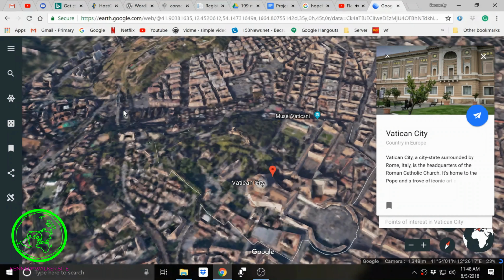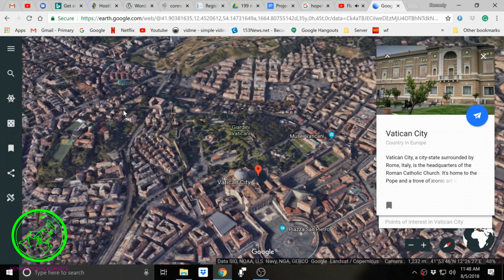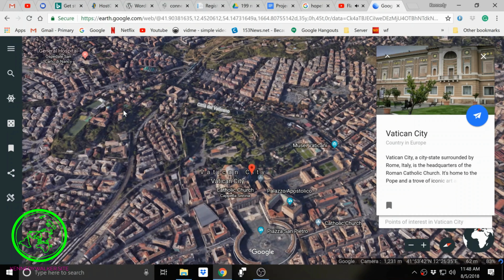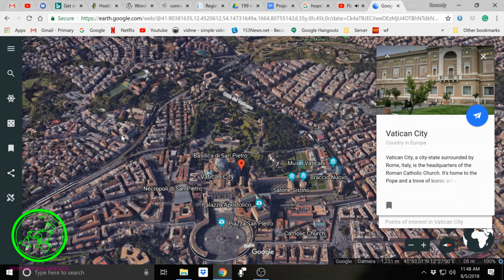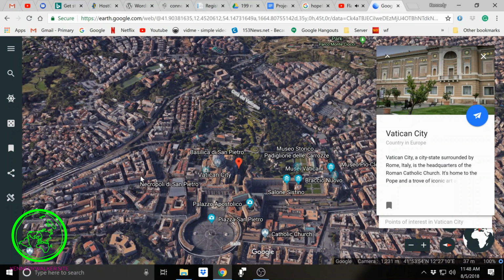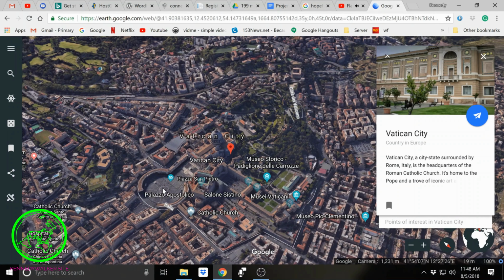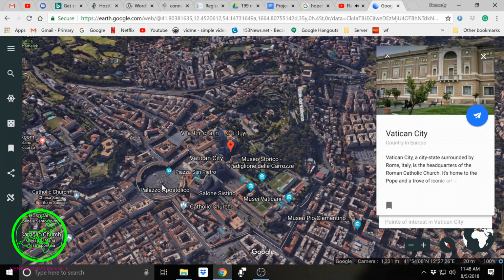Let's take a look at Vatican City. Right out front, what do we got? The eye shape looks like the iris is kind of painted on the pavement there. And it looks like the 8 with 8 spokes. So we saw that before.